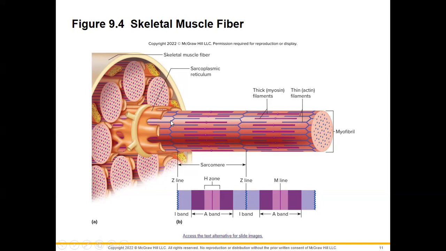So sarcomere goes from Z line to Z line. So that is a sarcomere unit. You have your A band where you have your thick filaments, and the A bands will overlap with your I bands or your thin filaments. So the A band is the length of your thick filaments, also includes that overlap with the light actin filaments.